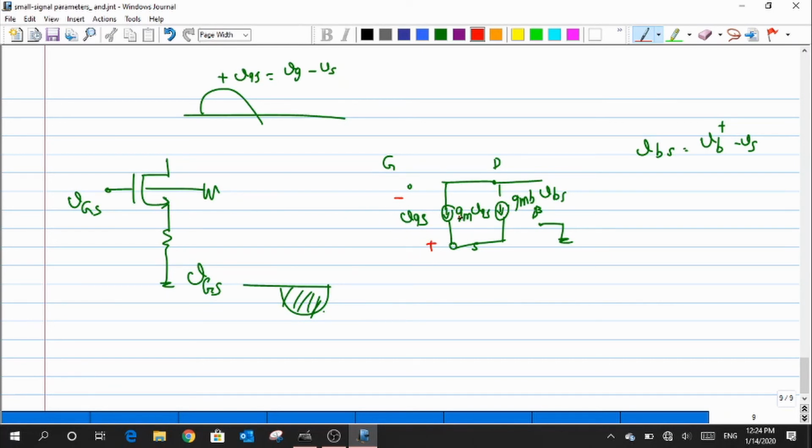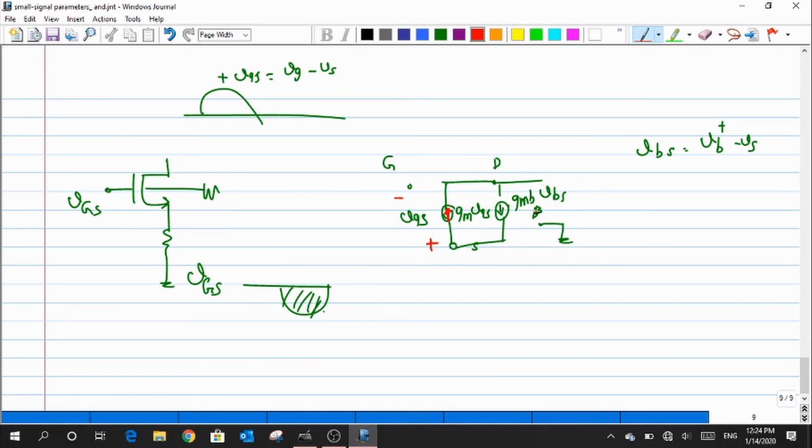Based on the polarity only, I can draw whether it is flowing from drain to source or source to drain. It never depends on whether I'm working with the PMOS or NMOS. In this case the source is at the highest potential in my circuit compared to my gate, due to which I am drawing the current direction upward, flowing from source to drain.